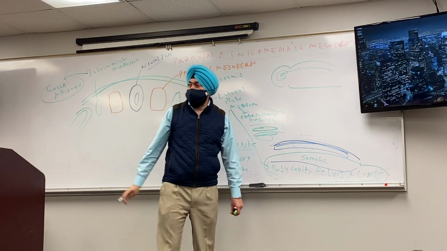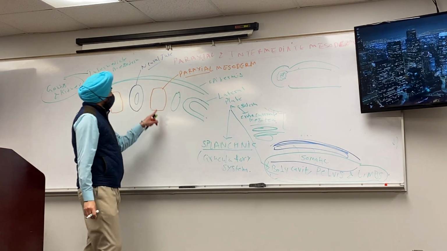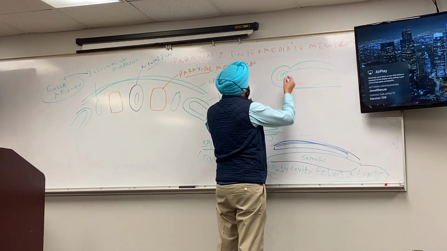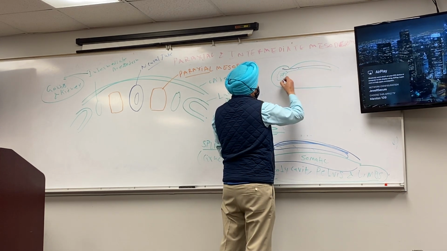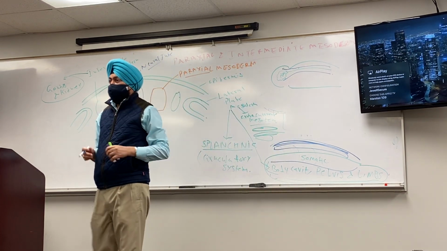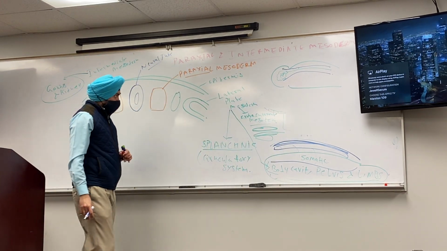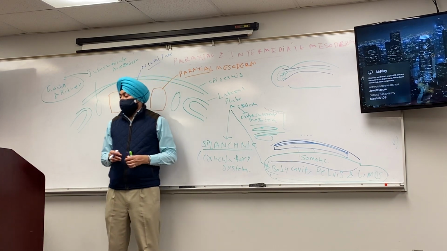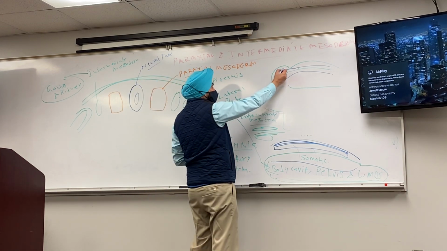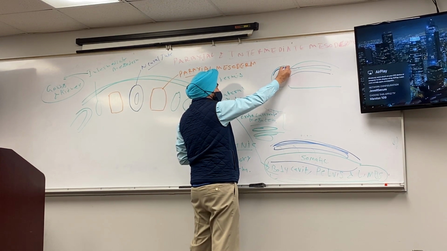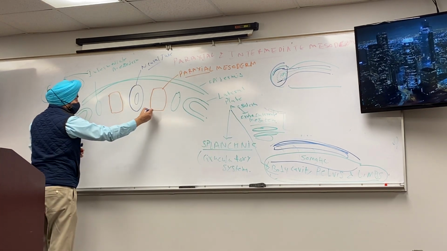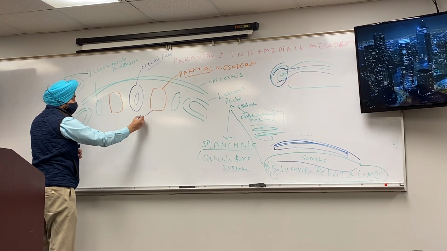Spinal cord, right? And paraxial mesoderm is surrounding on both sides like this. Now, what is this paraxial mesoderm going to give you? Because it is surrounding like this, the head is coming from the paraxial mesoderm. So paraxial mesoderm is going to give you head.